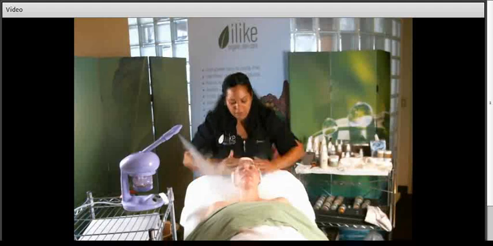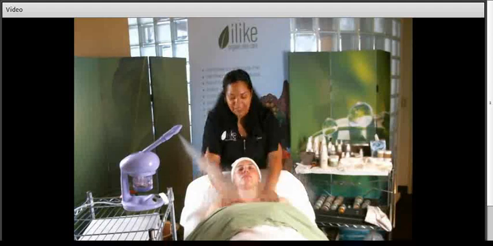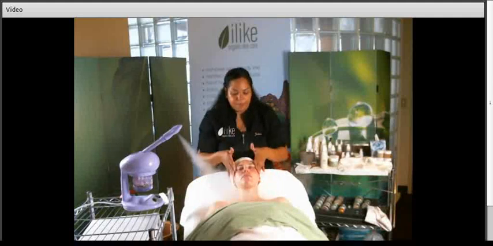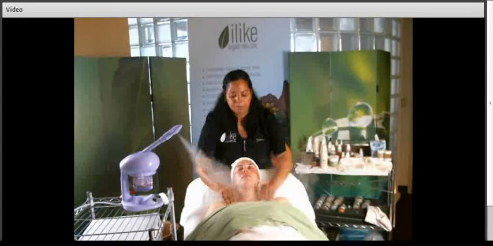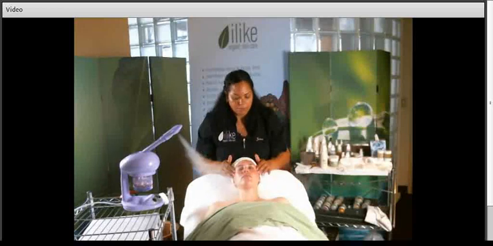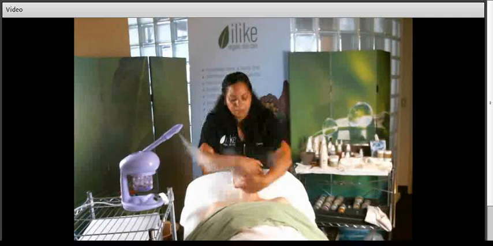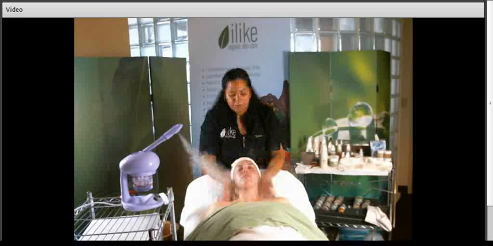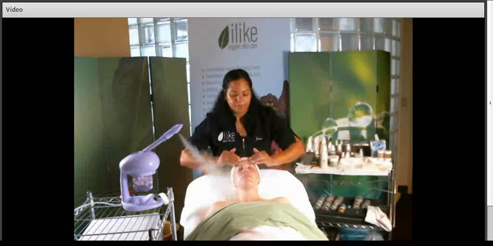So I'm going to start off opening the lymph on the décolleté area, 3 circles on the décolleté. Massage the shoulders and the neck with the thumb.